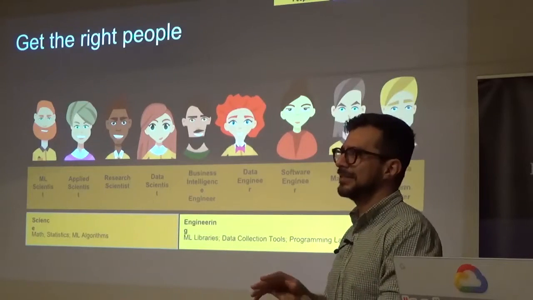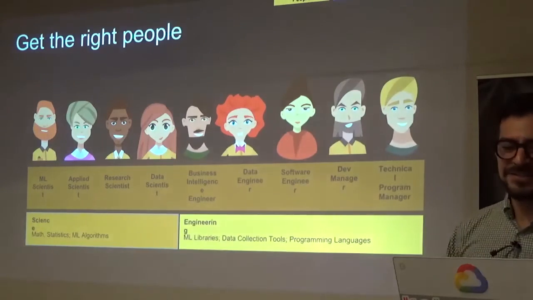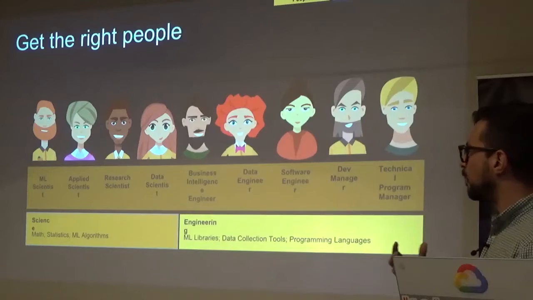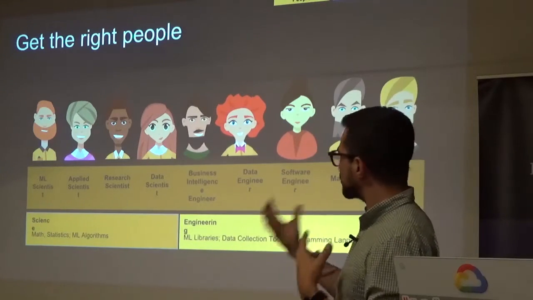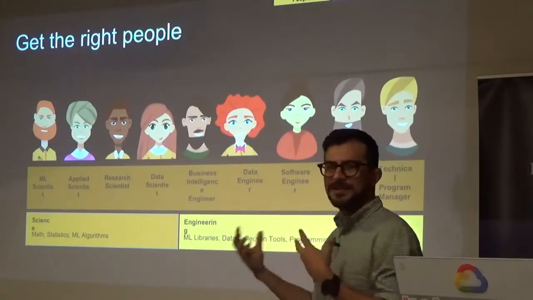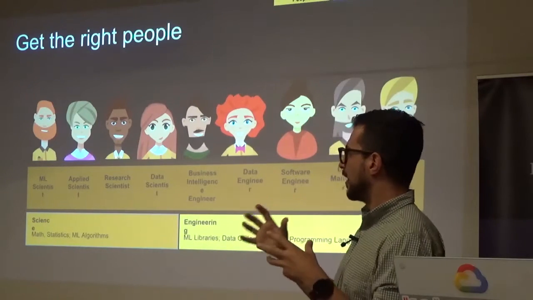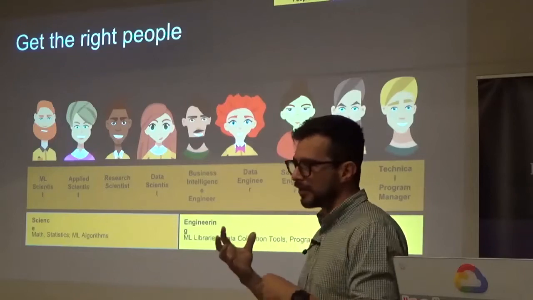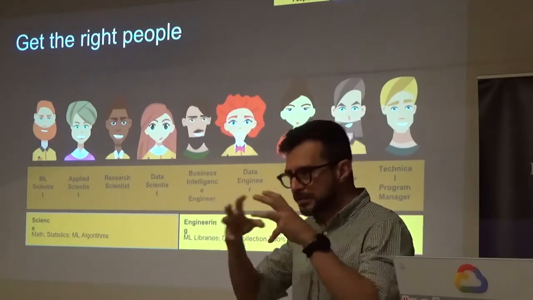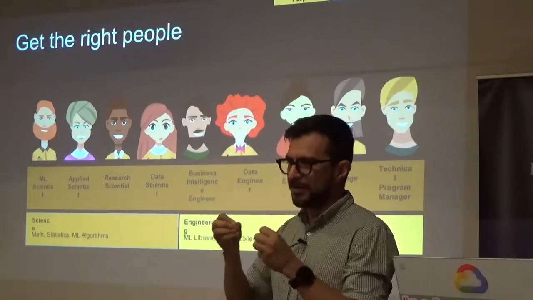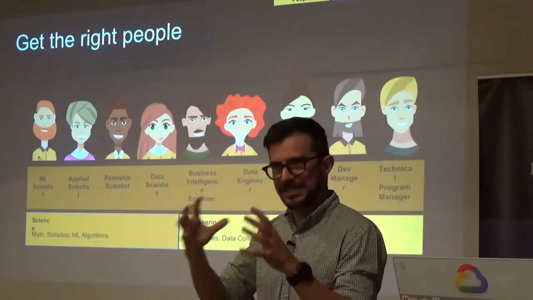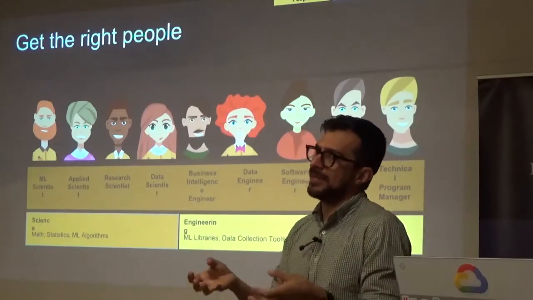It's not the same. Think about all the research scientists, data scientists, applied scientists, ML scientists, depending on the company, they're called differently. They're looking into all the math, like what is the right model, what is the right way to look at the data, what are the variables, what are the thresholds, etc. But they're not actually doing the engineering.